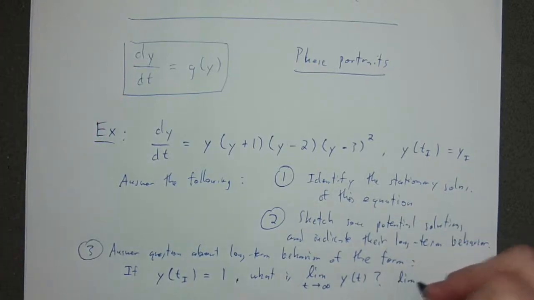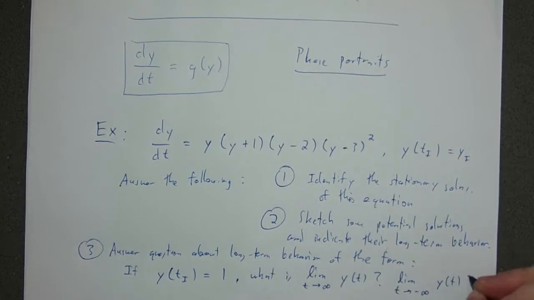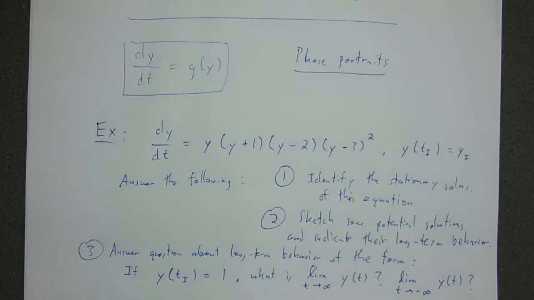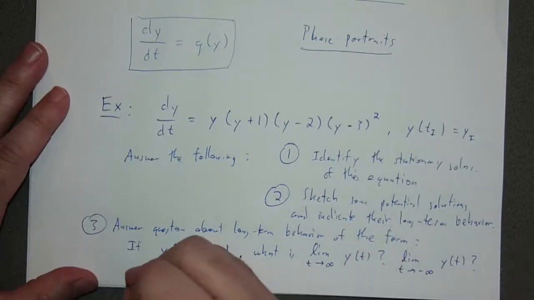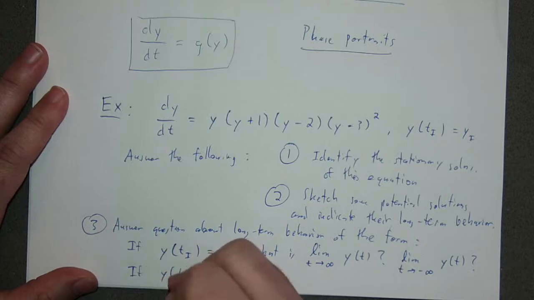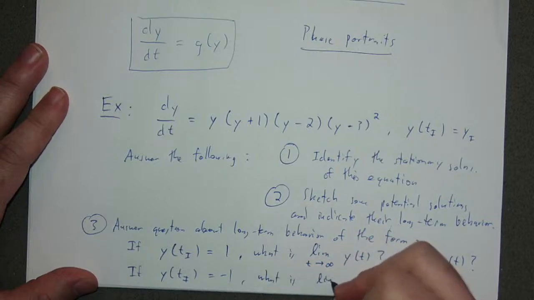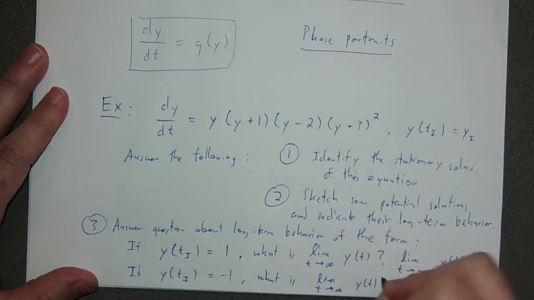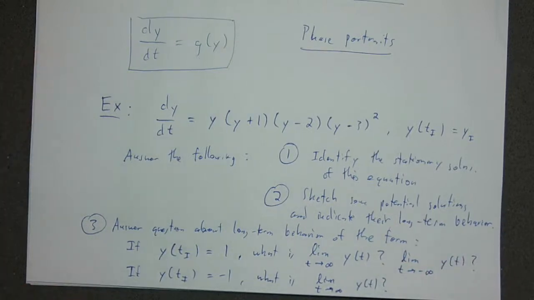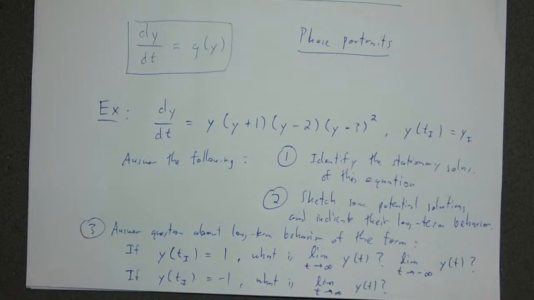What is the limit as t goes to minus infinity of y of t? If y of t sub i is equal to, say, minus 1, what are both of these limits? These are the sorts of questions that I want to be able to answer from this process.